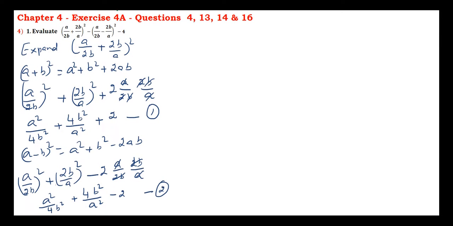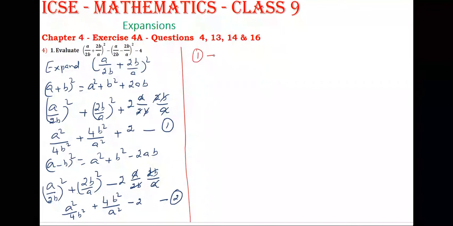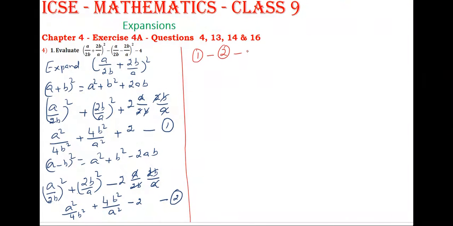This is the second part. So here we have first term minus second term minus 4. This is in the form of 1 minus 2 minus 4.